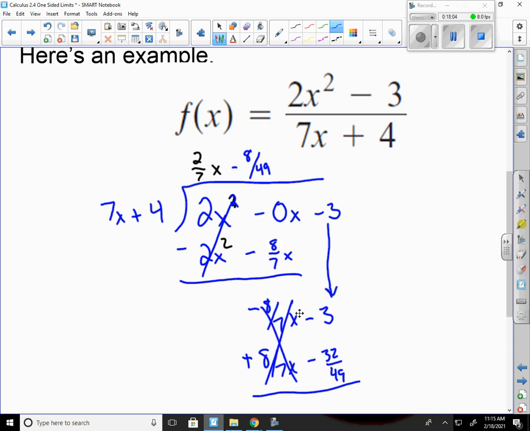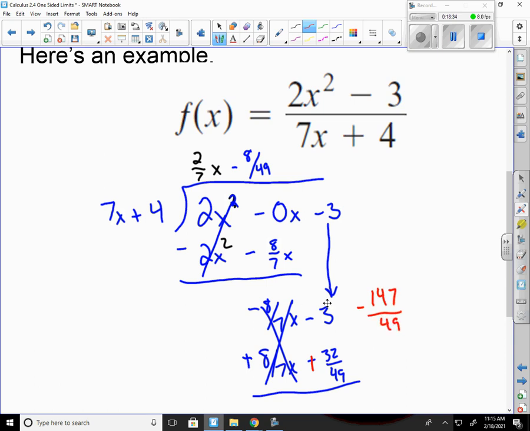My 8/7 x's cancel out. Now I'd have to find a common denominator of 49. So 3 times 49 for my numerator would be 147. This would be negative 147 over 49.